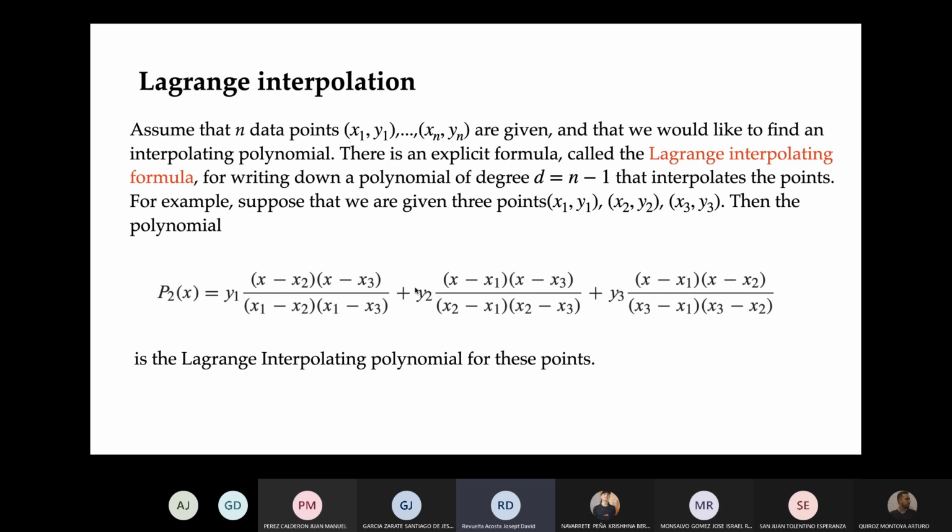So it would be x minus x4 in the first three numerators, and then x1 minus x4, x2 minus x4, and x3 minus x4 in their denominators, and then a fourth term plus y4 times (x minus x1)(x minus x2)(x minus x3), with the denominator equal to (x4 minus x1)(x4 minus x2)(x4 minus x3).